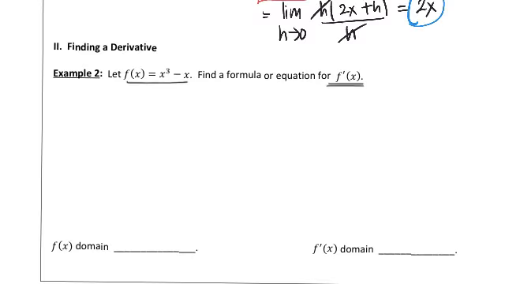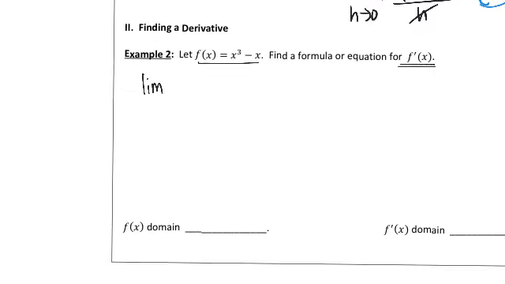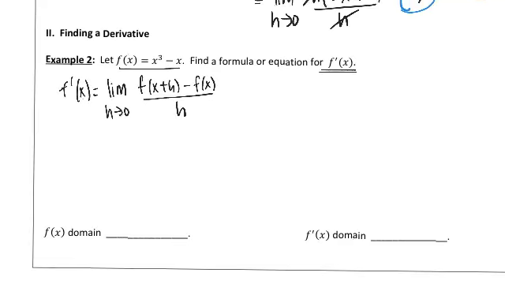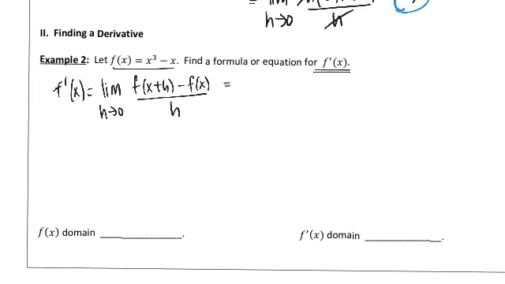Okay, so let's do the limit definition. So f prime of x is equal to the limit as h goes to 0 of f of x plus h minus f of x over h. That's going to be equal to f of x plus h means you're putting in x plus h into the equation.